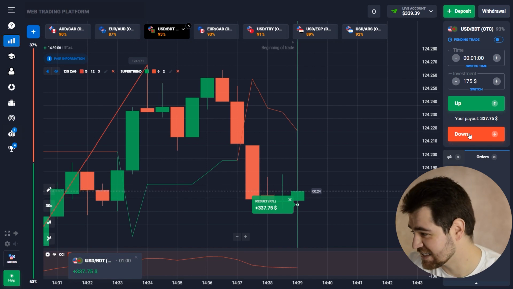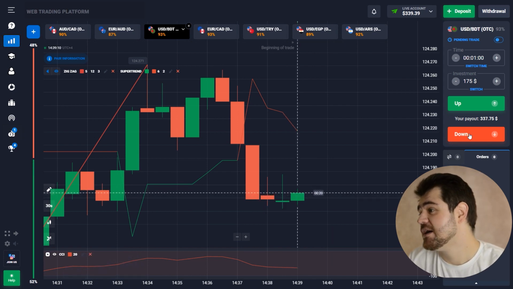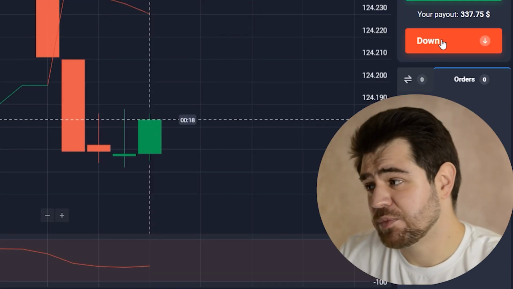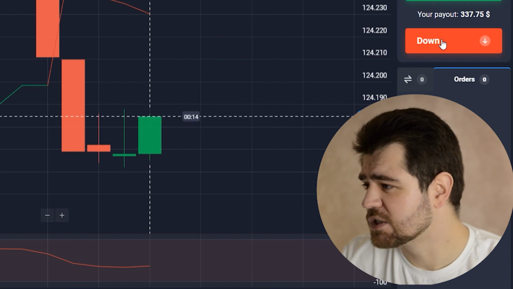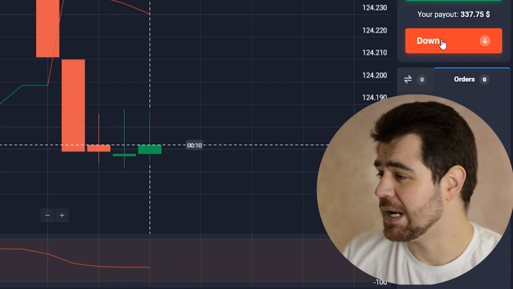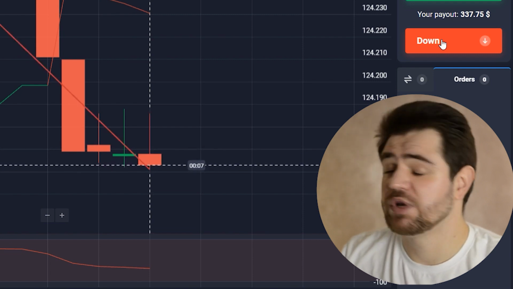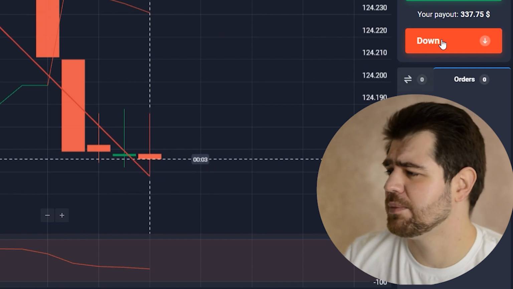Here's the profit, guys. 337. We have already quite a profit here, considering it's only a few minutes. So we're gonna keep pushing with using the entire balance towards the next option, which creates a compound percent. I'm sure you're all aware by now. I'm using this every time in my strategy.